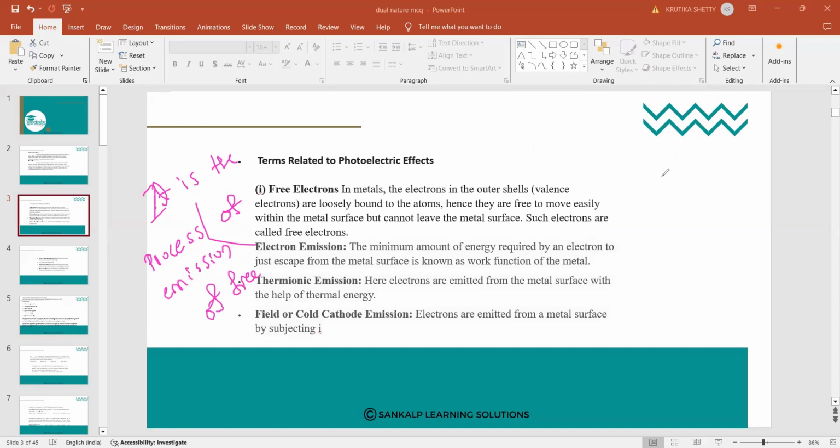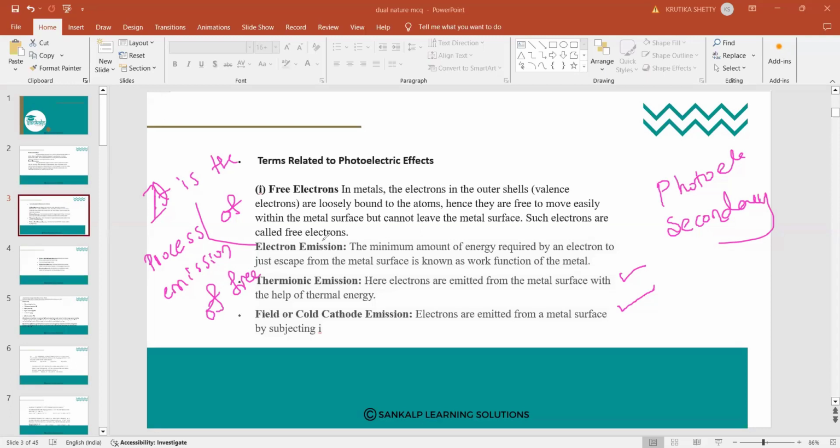One is thermionic emission, field emission, the third is photoelectric emission, and the fourth is secondary emission. So in total we have 4 types of electron emission.